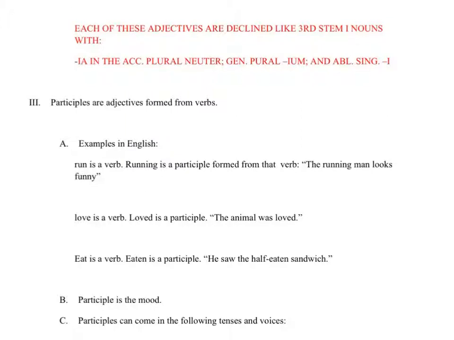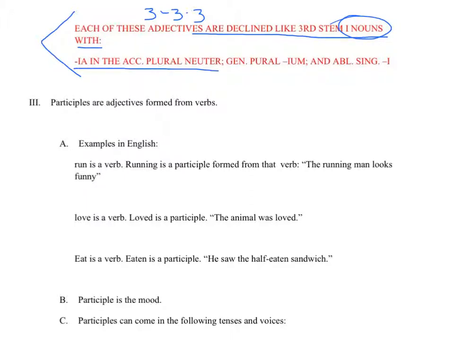My reminder is that each of those three adjectives is declined exactly like third stem I nouns. In other words, they have an IA in the accusative plural neuter. Their genitive plural, masculine, feminine, and neuter, is IUM, all the same.